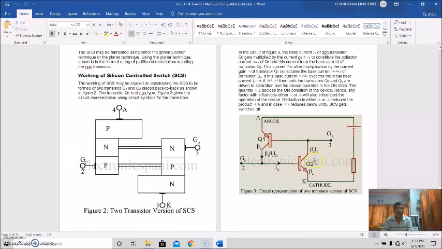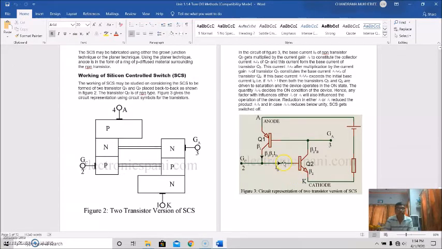This is the collector current of transistor 2, and this current forms the base current of transistor Q1. This current beta 2 IB, after multiplication by the current gain beta 1 of transistor 1, gives beta 1 beta 2 IB, which is the base current of transistor 2.